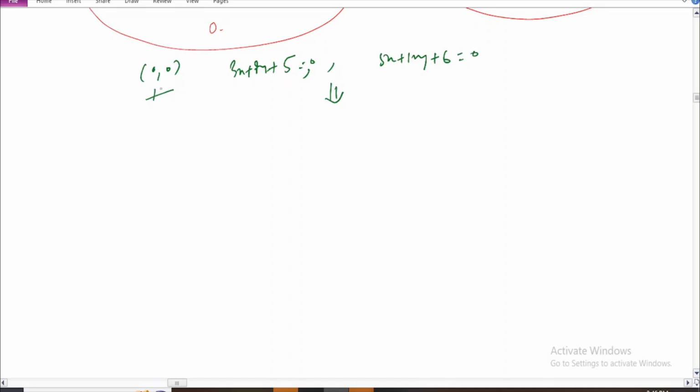In case of containing the origin, keep in mind, first make the constant terms of these two lines positive, right? Here C1 and C2 are given positive.